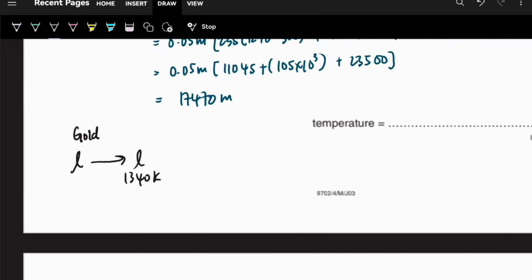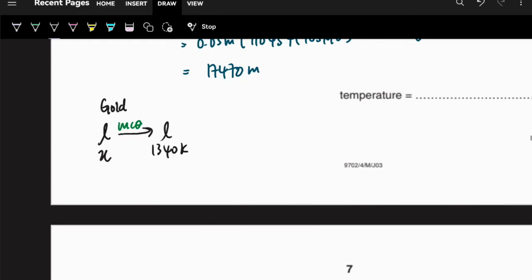That means X, or you can put T, your initial temperature of gold, must be greater than 1340 Kelvin, because it's cooling down. When you're cooling down, you release heat. When you release heat, the silver will start to absorb heat and increase its temperature until 1340 Kelvin. So same phase, different temperature, and this is MC theta.